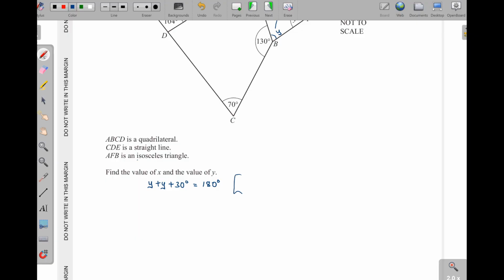So first of all, we have this as an isosceles triangle, and then we say angles in a triangle add up to 180 degrees. So 2y is equal to 180 minus 30, which gives us 150. Then we divide by 2, and we get y equal to 75.